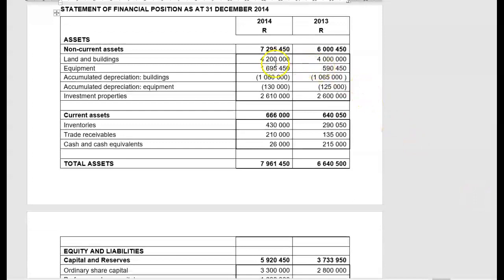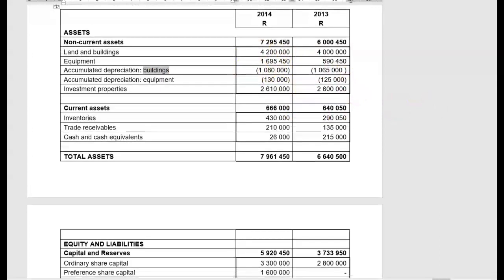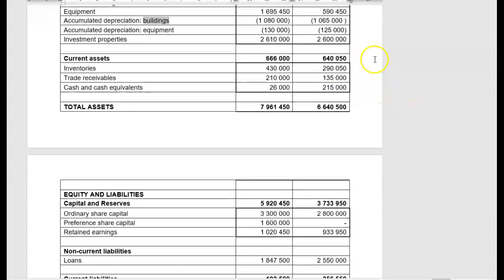So by the looks of it, that increase of 200,000 must represent additional land and buildings purchased. They give me equipment, accumulated depreciation on equipment, and accumulated depreciation on buildings, so it is definitely part of the accounting policy to have depreciation on buildings.